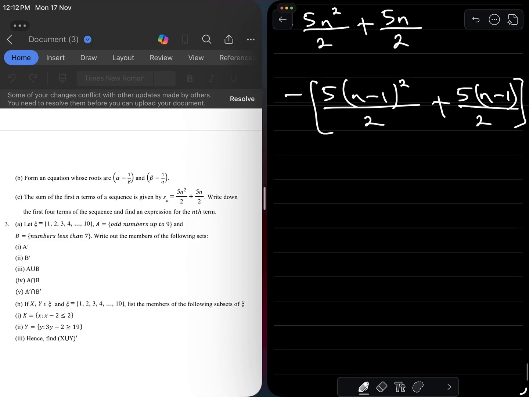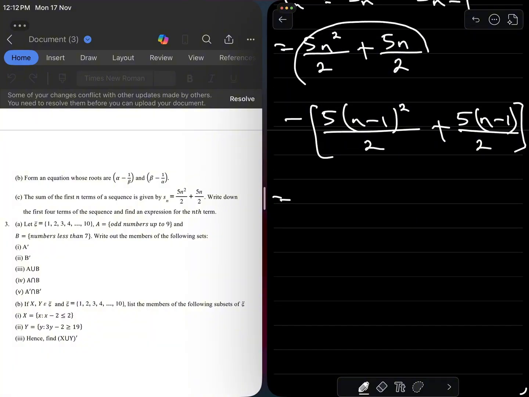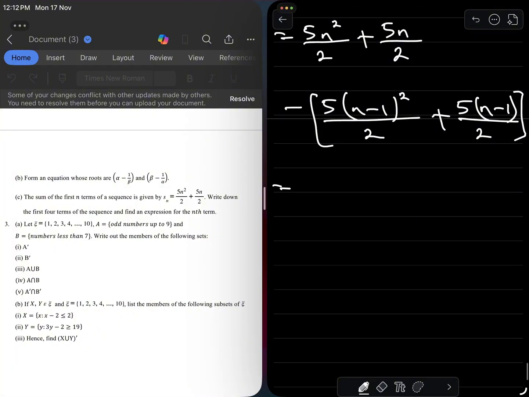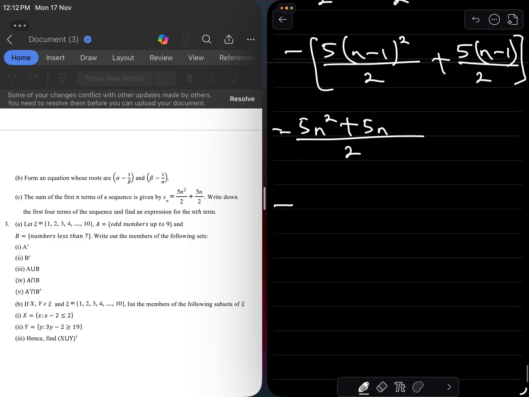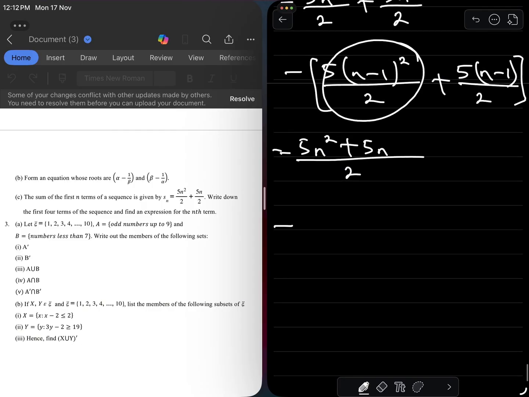And that will be equal to, if I add 5n squared over 2 to 5n over 2, I'm going to get 5n squared plus 5n over 2, since the LCM is 2, minus, here I'm adding these two fractions too. Their denominators are the same.